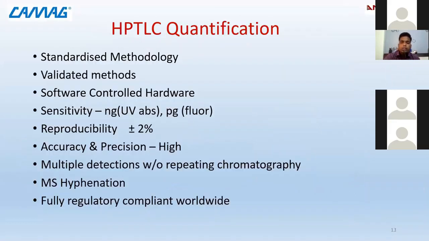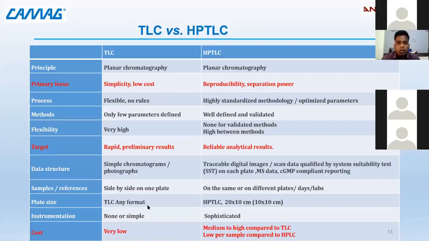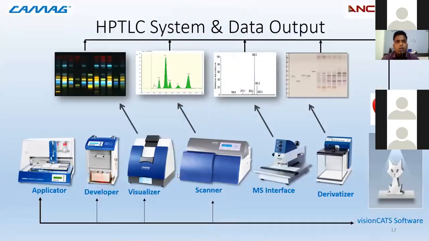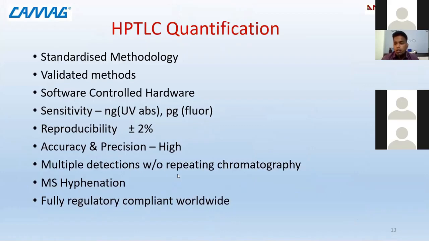Now, here you can see the HPTLC quantification. First of all, a standardized methodology is there. After that, validated methods. Key methods are validated, so you will get specific results. Software controlled hardware: I already told you all these modules are connected and controlled by one software, which is VisionCATS.